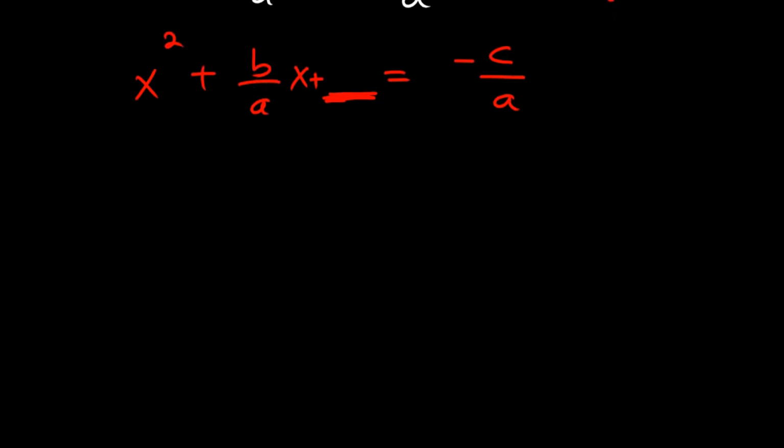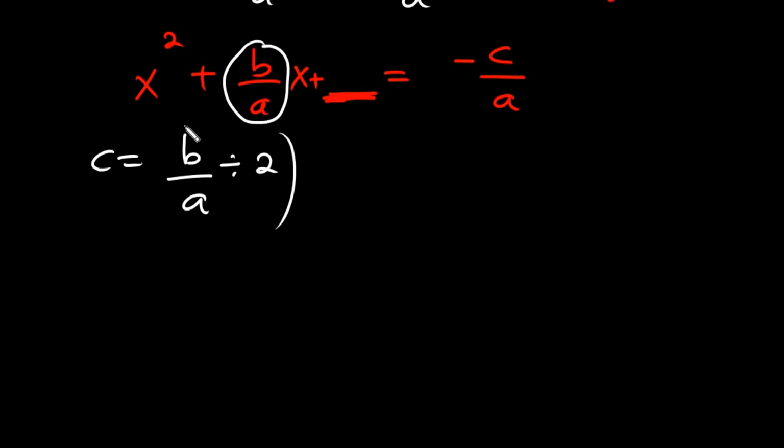So we said that to get the value of c here, we use the coefficient of x, divided by 2, and then squared. In this case the coefficient of x is b over a.